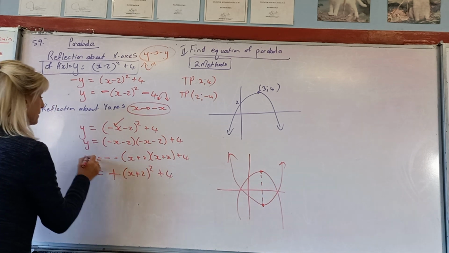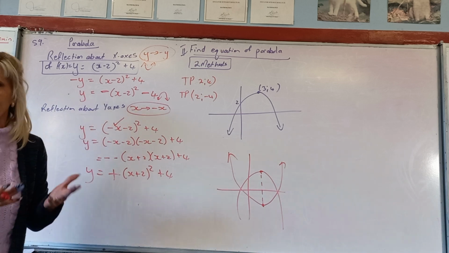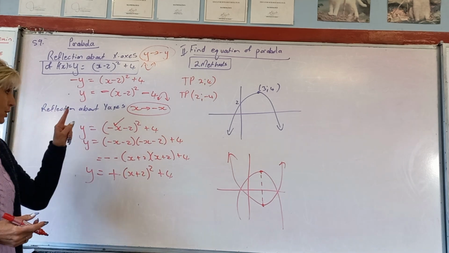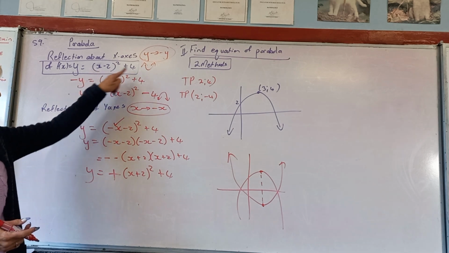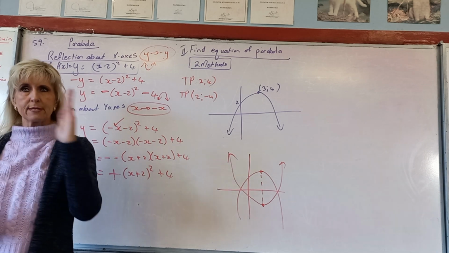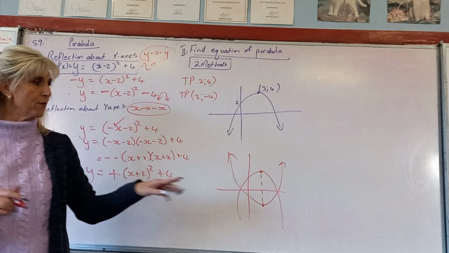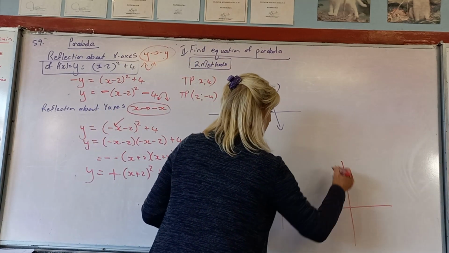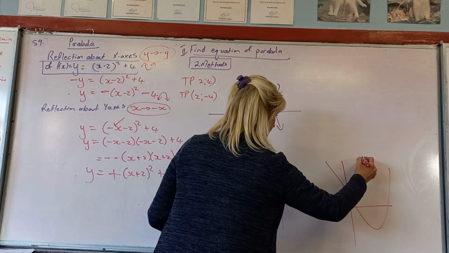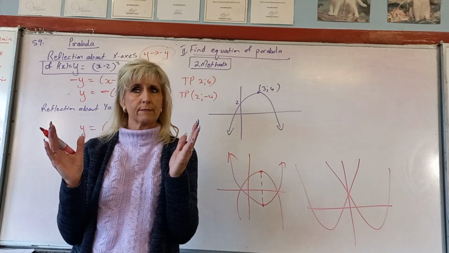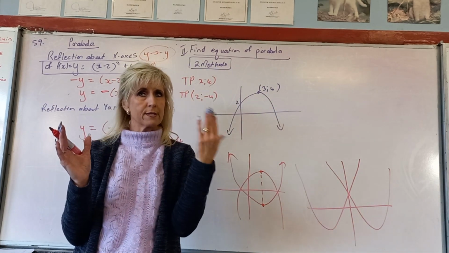That's way too much writing, but I want you to see what's happening here. If you leave it in turning point format, it used to be a positive parabola. Now we are doing a reflection about the y-axis. If it's a positive parabola and you reflect it about the y-axis, you should still have a positive if it reflects from one to the other side.